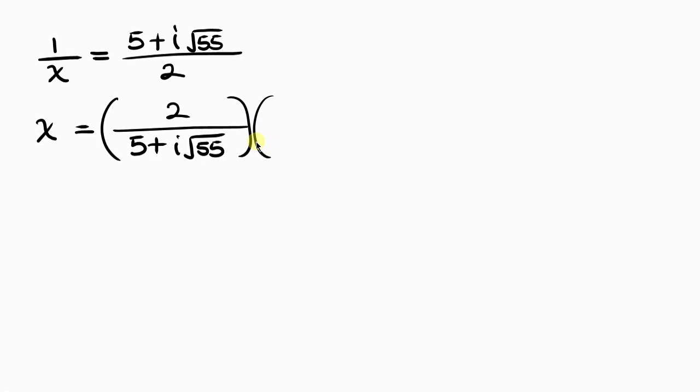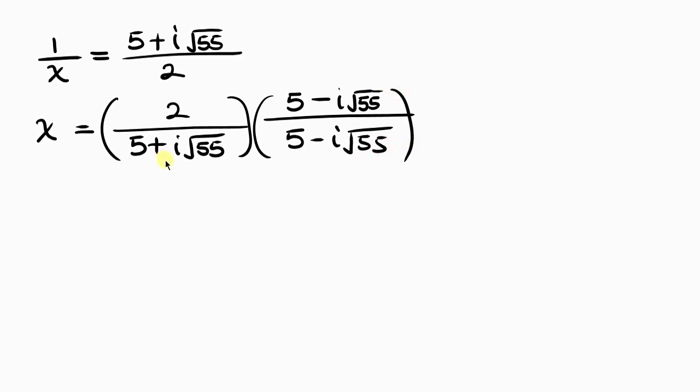We have the conjugate of the denominator to be 5 minus, so instead of plus we use minus, i root 55, all over, the same thing, 5 minus i root 55. Very good. So we actually rationalize using the conjugate of the denominator. The conjugate actually means the opposite sign that we have.